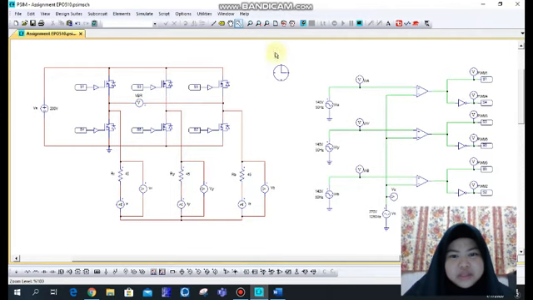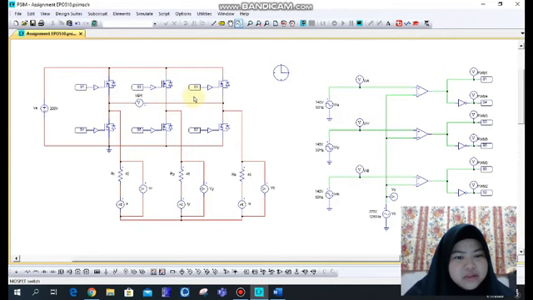And now I want to go through question D, which wants to find the line voltage VBR. From this circuit, we have a voltage probe here, and this voltage probe is connected to the blue line and red line.